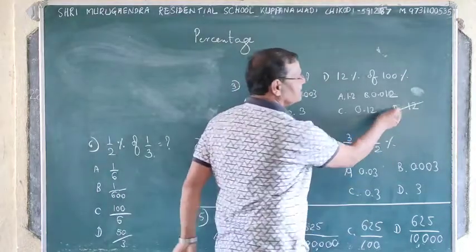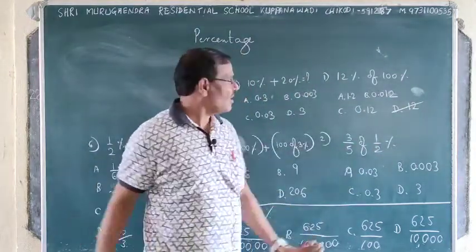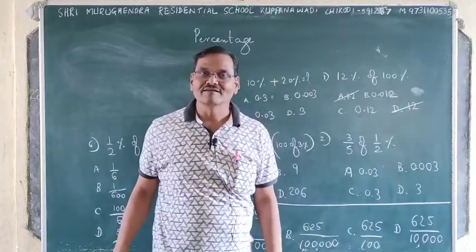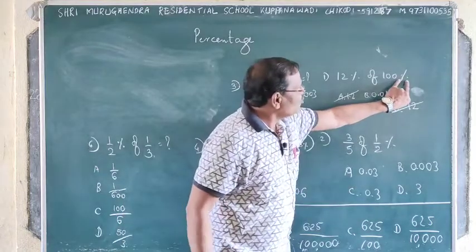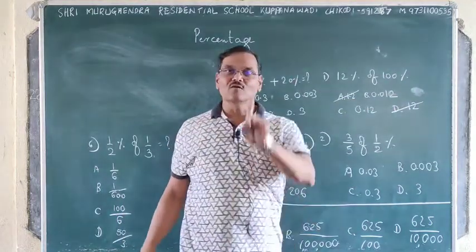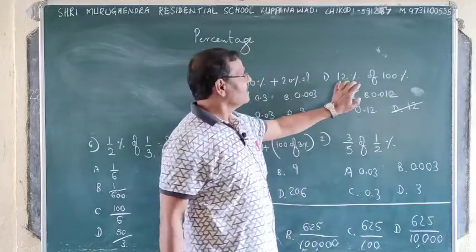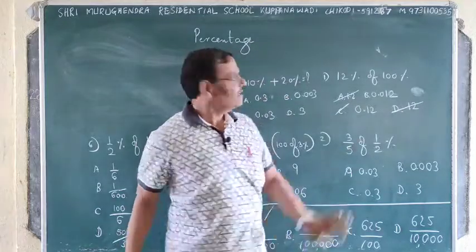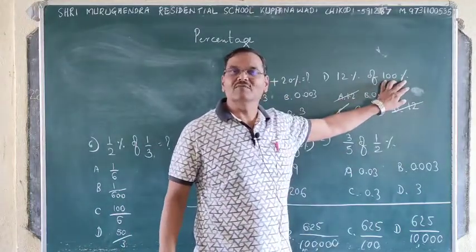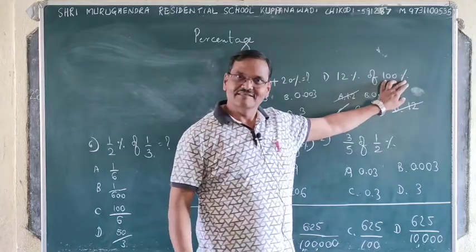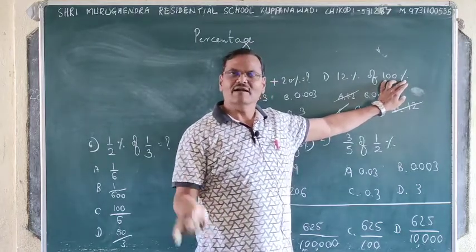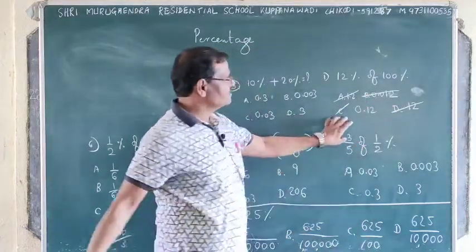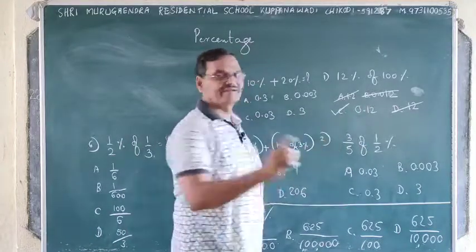Then this is gone, 12 is gone, 1.2 is also gone. And out of 100, 100 taken means 1. Then it remains the same only. So the answer is this. This makes no difference because 100% means 1. Okay? Out of 100, 100 taken means 1. So this is also gone. Then C is the right answer.